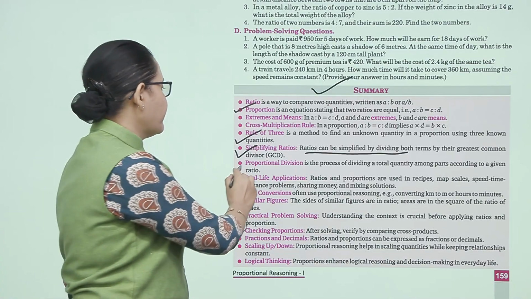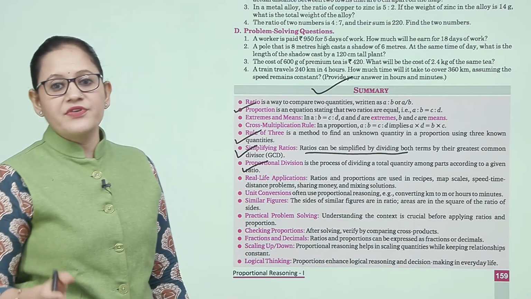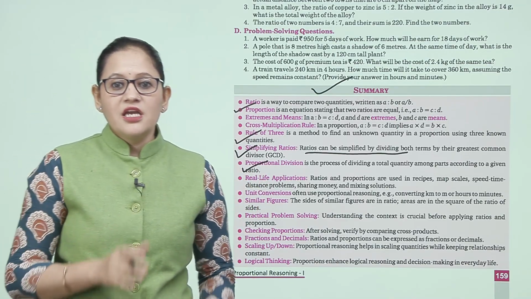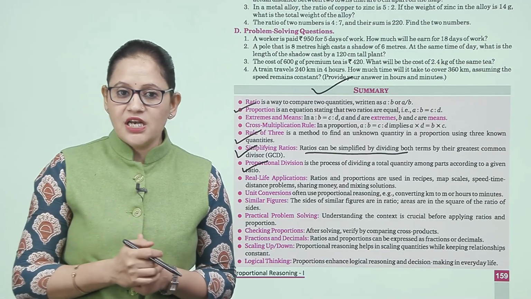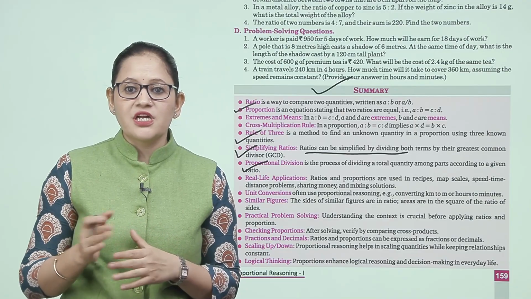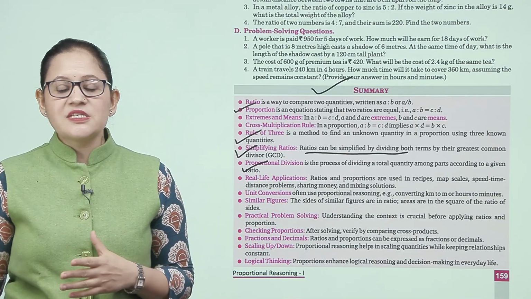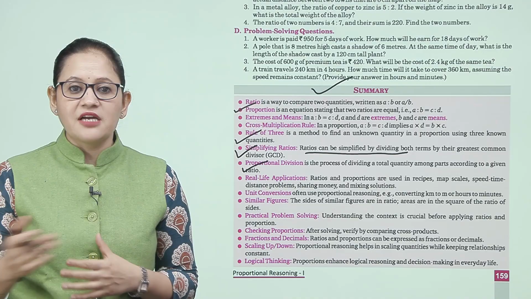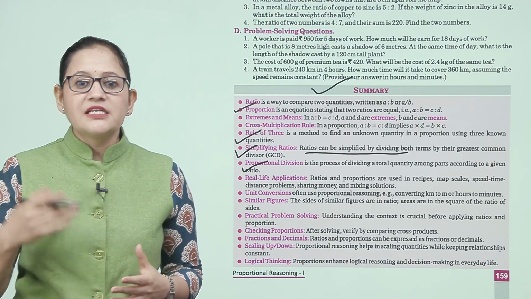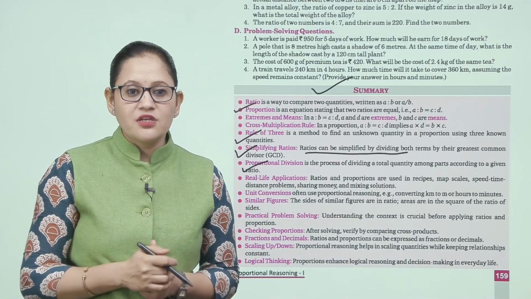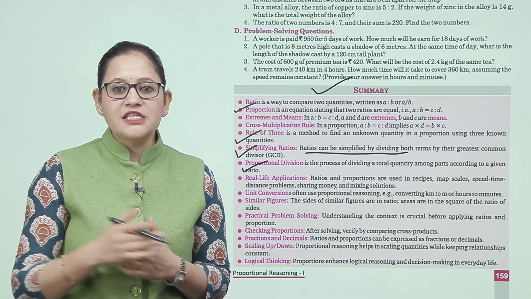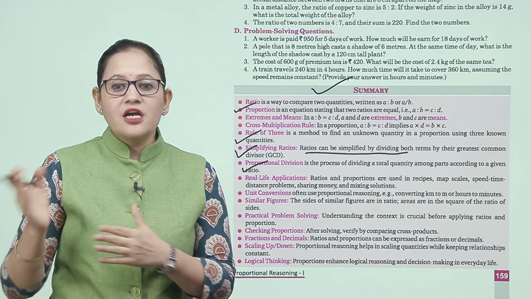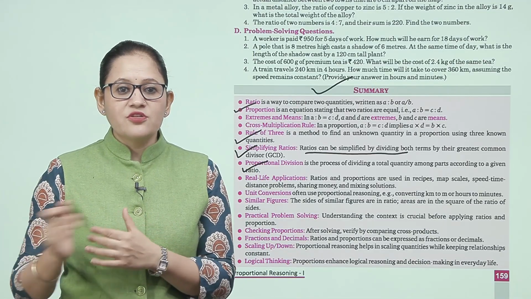Proportion division is the process of dividing a total quantity among parts according to the given ratio. Real life applications: ratios and proportion are used in recipes, maps, scales, speed, time, distance problems, sharing money and mixing solutions. Unit conversion often needs proportional reasoning, for example converting kilometers per hour to meters per minute.